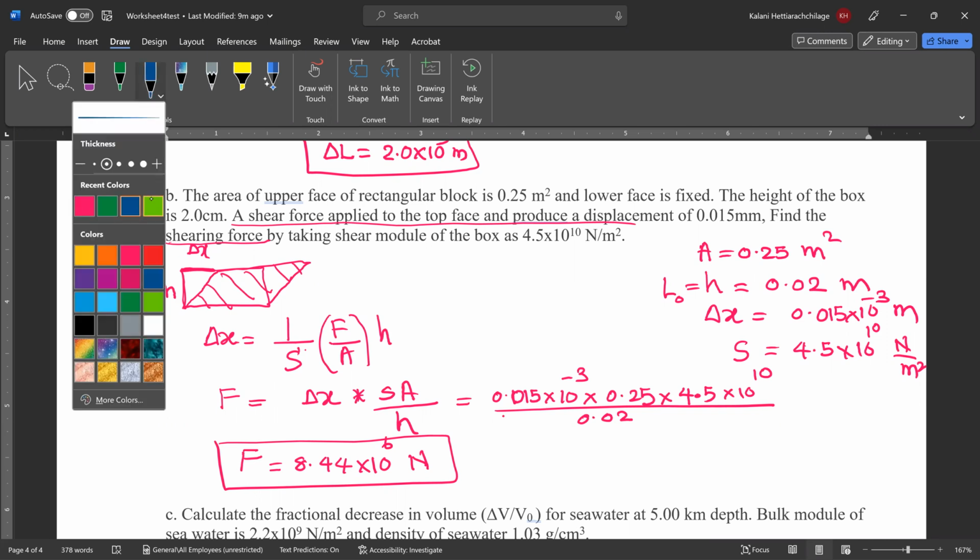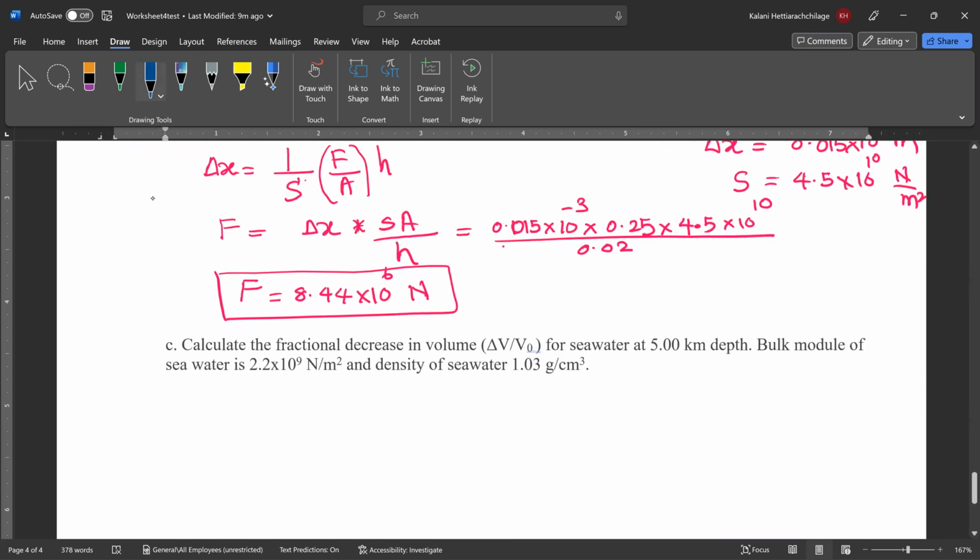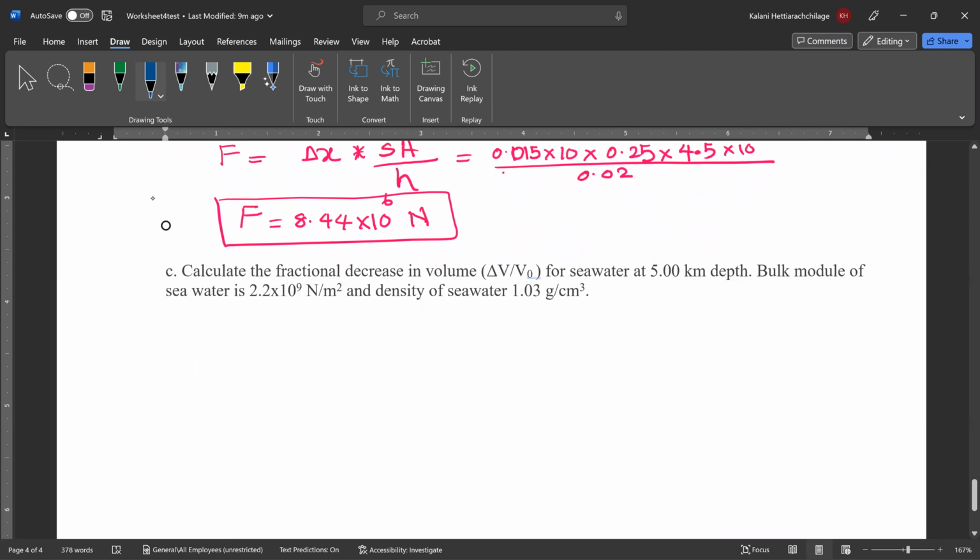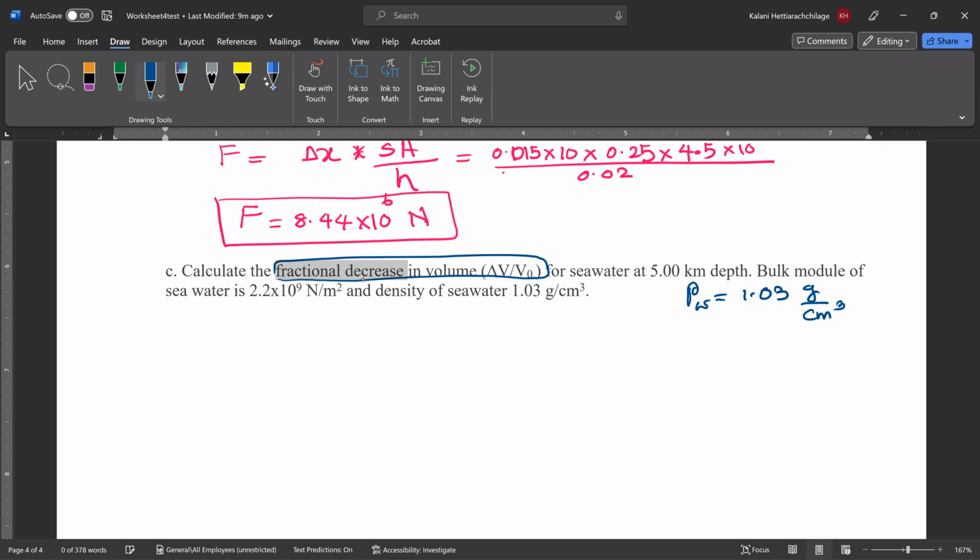Okay, so now let's move into the last question. For the last question, I want you to think about volume expansion. Calculate the fractional decrease in volume. Fractional decrease in volume, that is what you need to find, right? For seawater at 5 kilometers depth, the bulk modulus of seawater is given, and the density of seawater is given as 1.03 grams over centimeter cube.